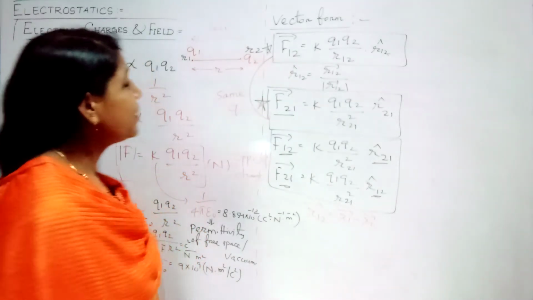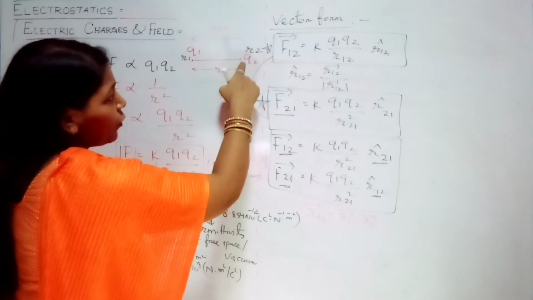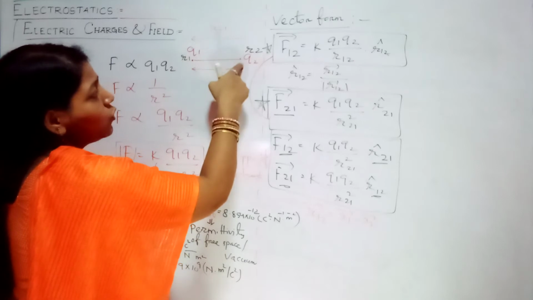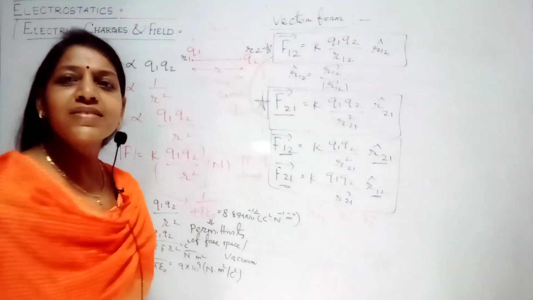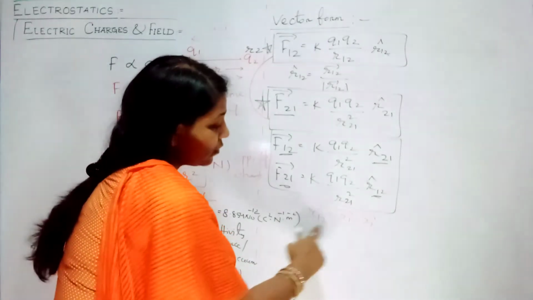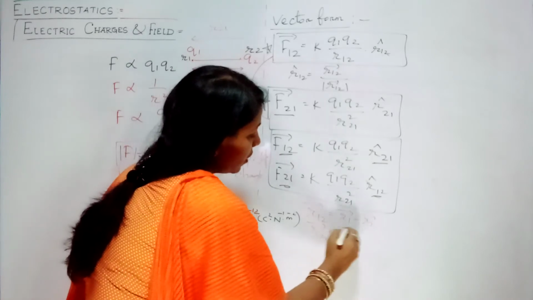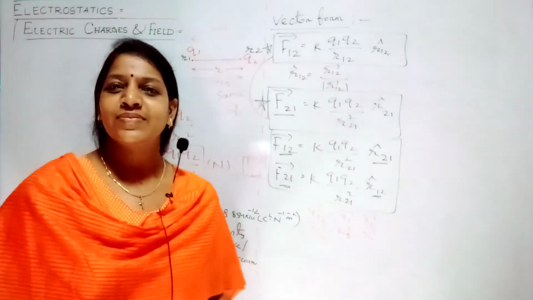Clear? Similarly, the position vector of this point with respect to this is nothing but R12. R12 is nothing but R1 minus R2. So hence I have written R12 is R1 minus R2. Similarly, R21 equal to R2 vector minus R1 vector.